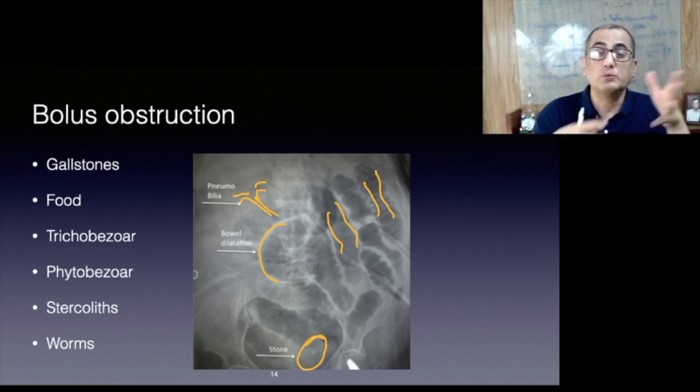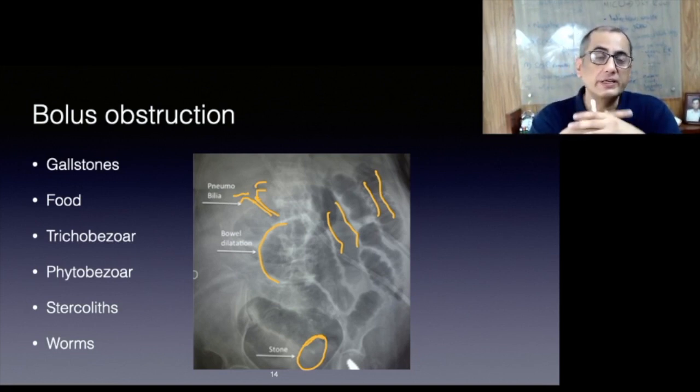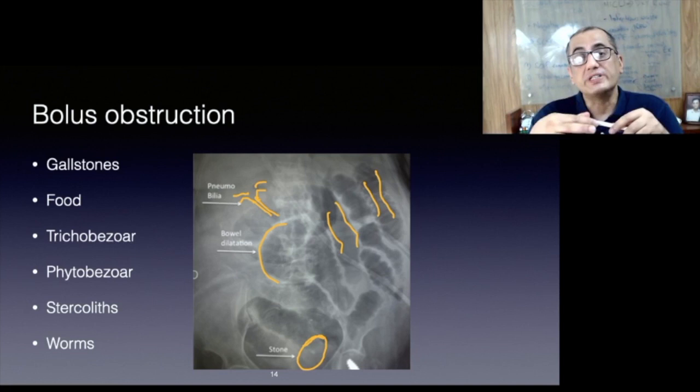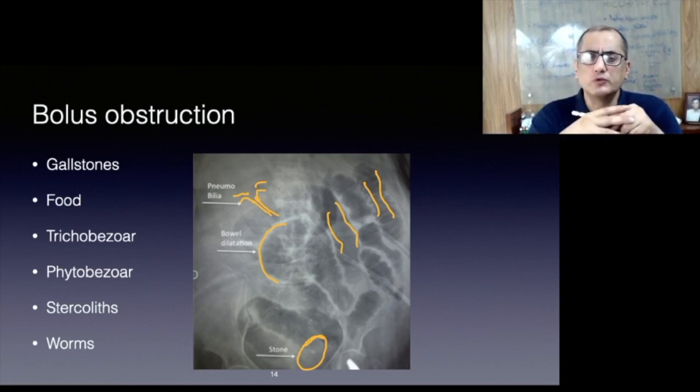We could have food bolus obstruction, which usually occurs after partial or total gastrectomy, when unchewed articles can pass directly into the small bowel. Fruit and vegetables are particularly liable to cause obstruction. The management is similar to that for gallstones, with intraluminal crushing usually being successful.